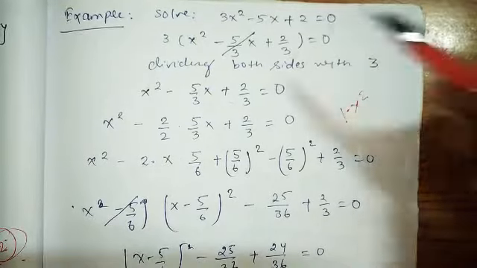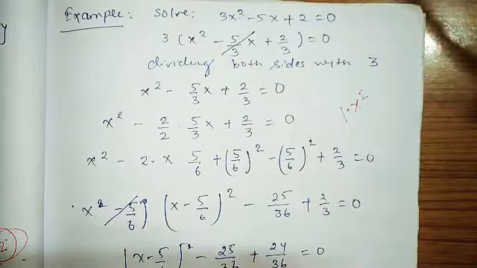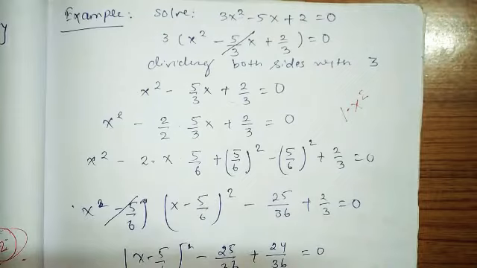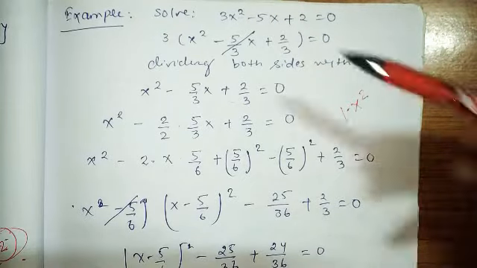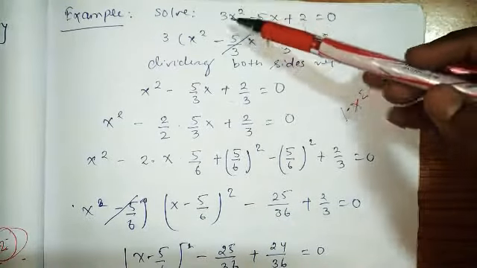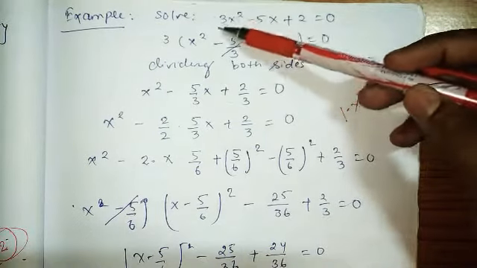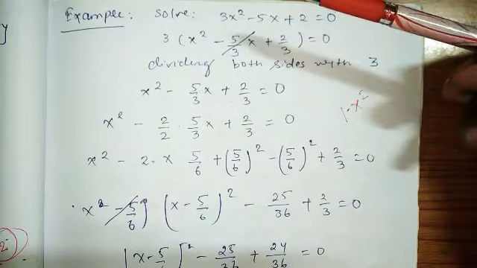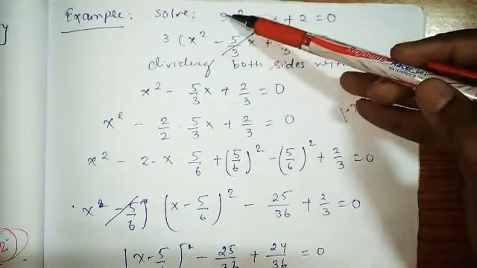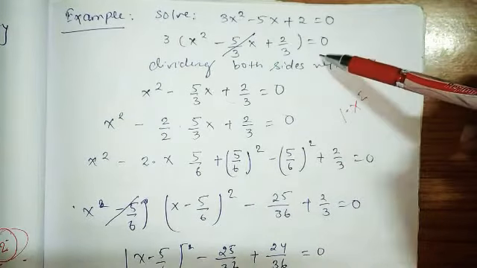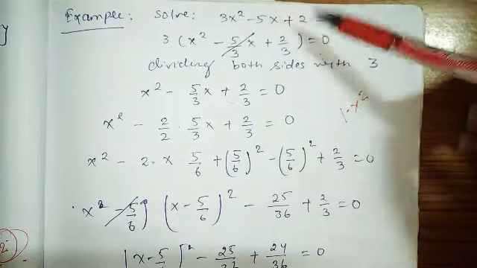But in this particular problem, you can see that the factor of x square is 3, not 1. So firstly we have to remove this 3, and to remove it we have to divide both sides of the equation by the number 3.